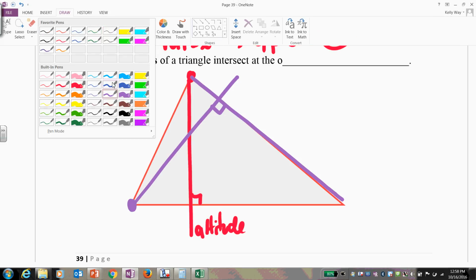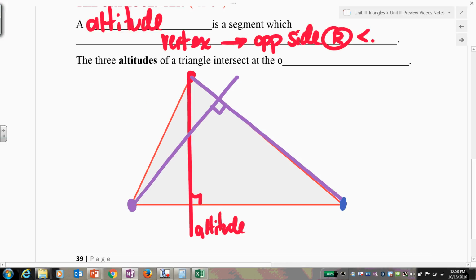Try another one. There's your vertex. Here's your side. Our goal is to make a right angle going through that vertex. All 3 of these are altitudes.